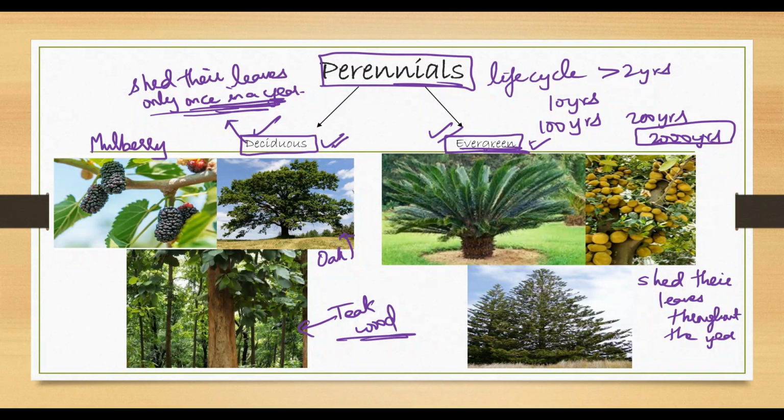Examples include jackfruit, conifers. We will talk about conifers as we discuss in the later classes. Or gymnosperms. Both are examples of conifers or gymnosperms. But try to understand evergreen trees means your mango, neem. They also come under evergreen trees.